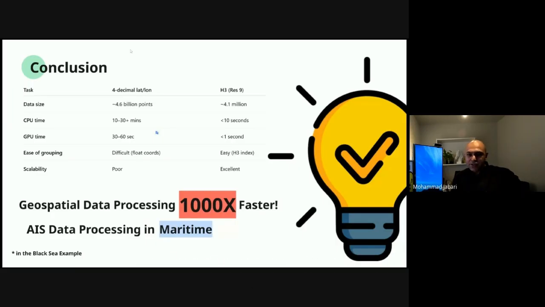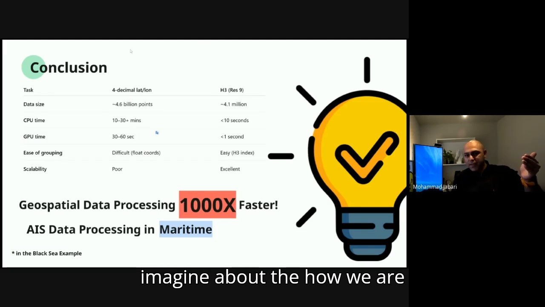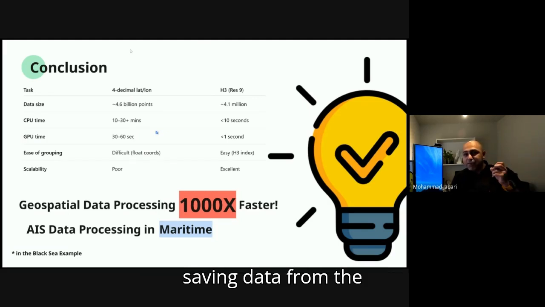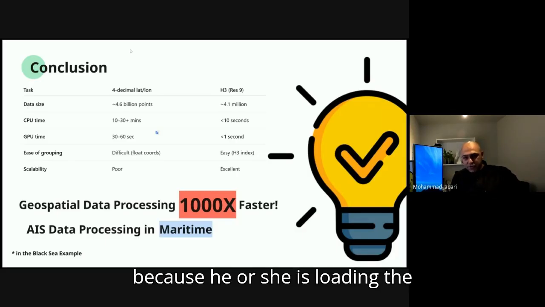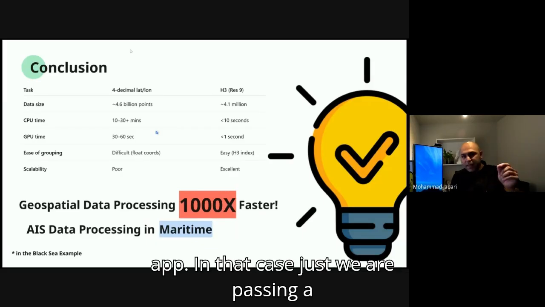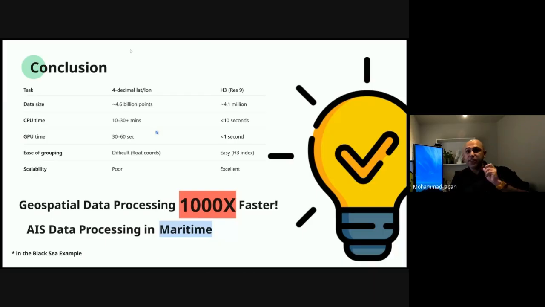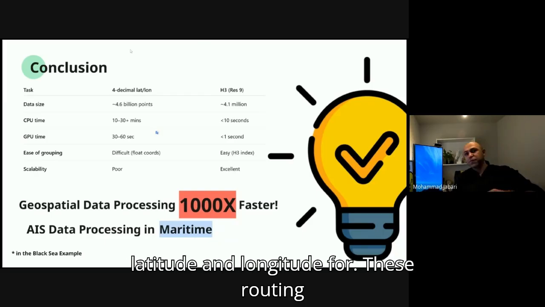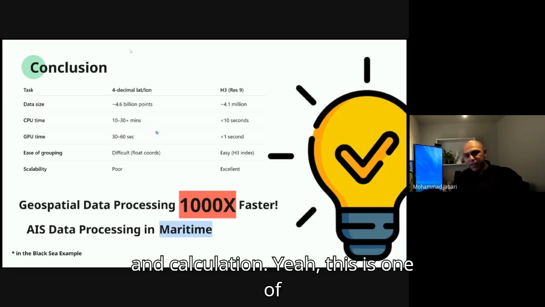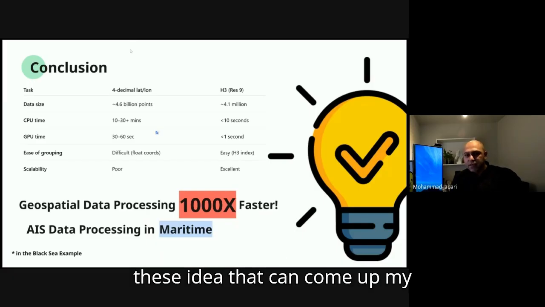Imagine how we are saving data from the user perspective, because he or she is loading the app. In that case, we are just passing a few IDs of these hexagons instead of latitude and longitude for routing and calculation. This is one of the ideas that came to my mind right now.